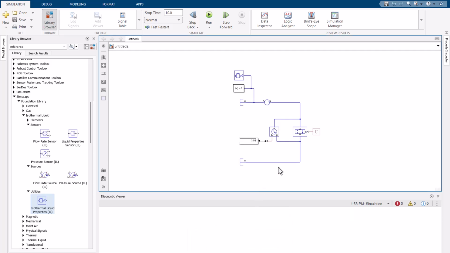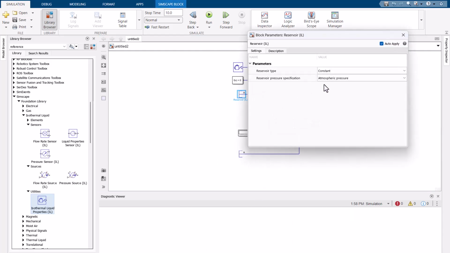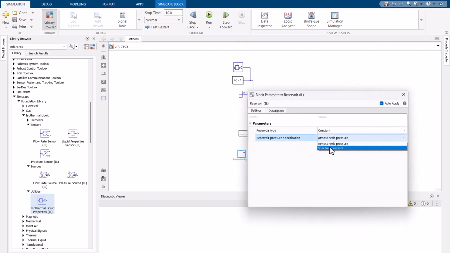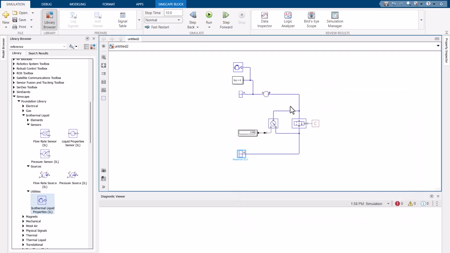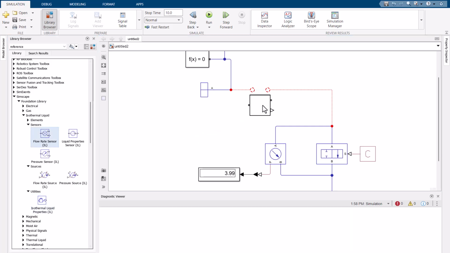And the next thing I want to do is play around with my model a little. So imagine I have my high pressure source at 2 psi and low pressure one at 1 psi. And here I need no pump, and instead I add a flow rate sensor.